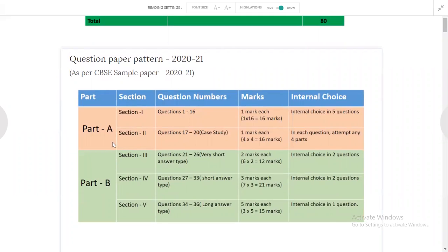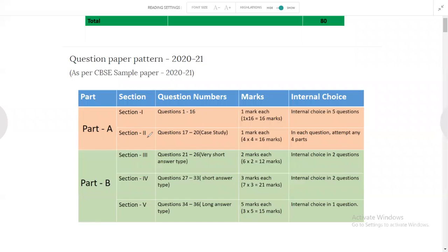There is a change in the question paper pattern. There are 2 parts, part A and part B, where part A has 2 sections, section 1 and section 2. Section 1 has 16 questions, each carrying 1 mark, with 5 internal choices.